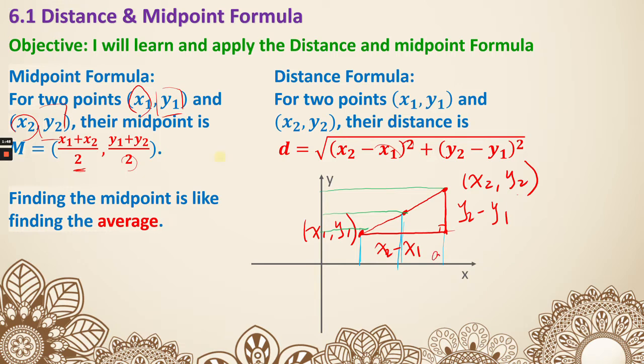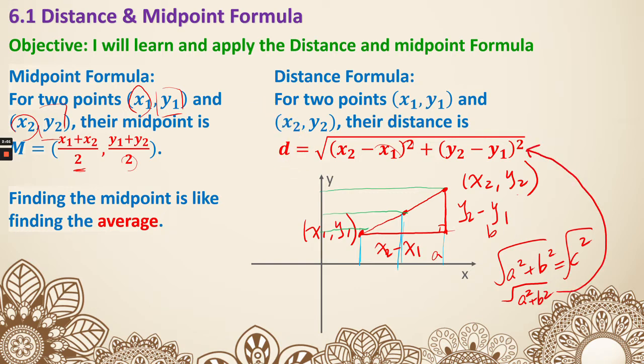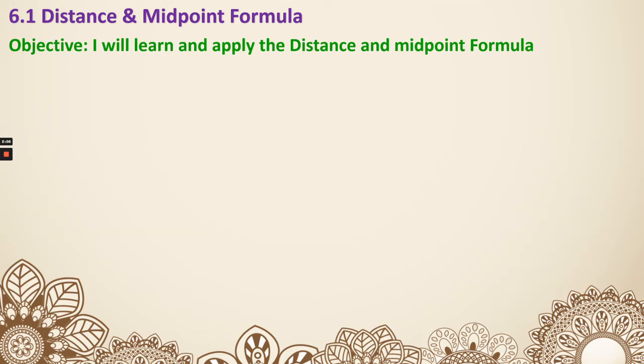That's my a, that's my b. A squared plus b squared equals c squared. If I square root both sides, that's the square root of a squared plus b squared, which is the distance formula.